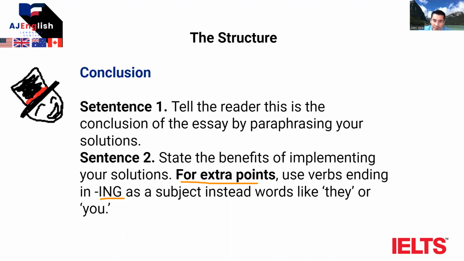And your solution was training, then in this case you can get extra points if you say, giving them some training will help reduce the probability of them becoming repeat offenders. Or, having trained them is one of the solutions. Kind of like that. You'll see in the essay.